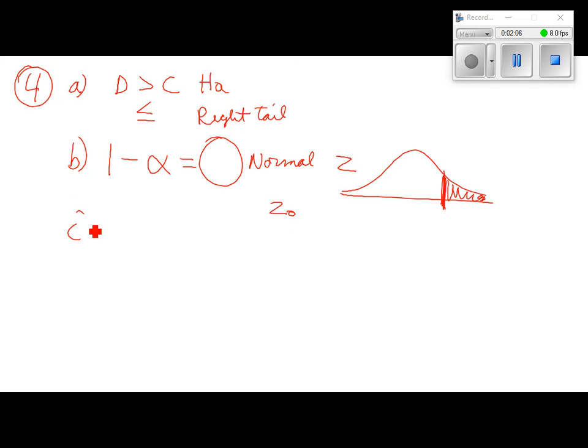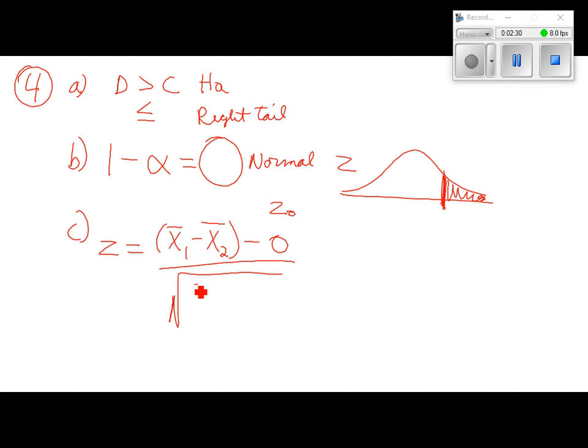Letter C. On letter C, the formula you use is Z equals X bar 1 minus X bar 2 minus the mu's subtracted from each other, which is always 0, over the square root of S1, which is the first standard deviation squared, divided by N1 plus S2 squared divided by N2.